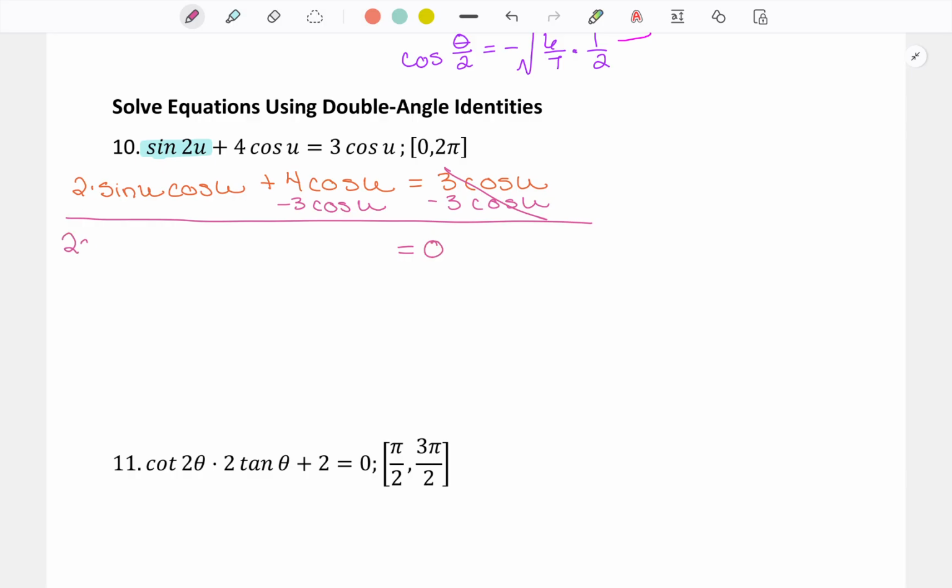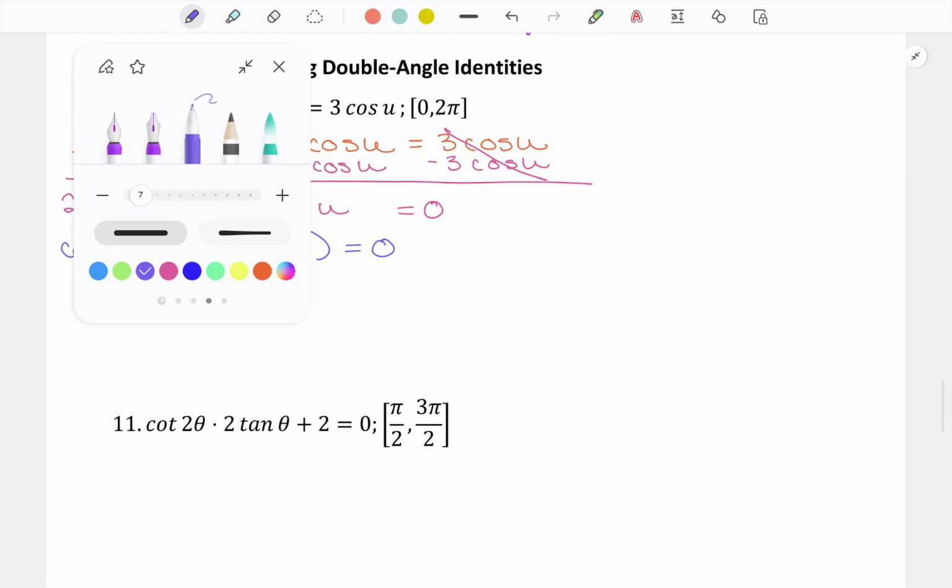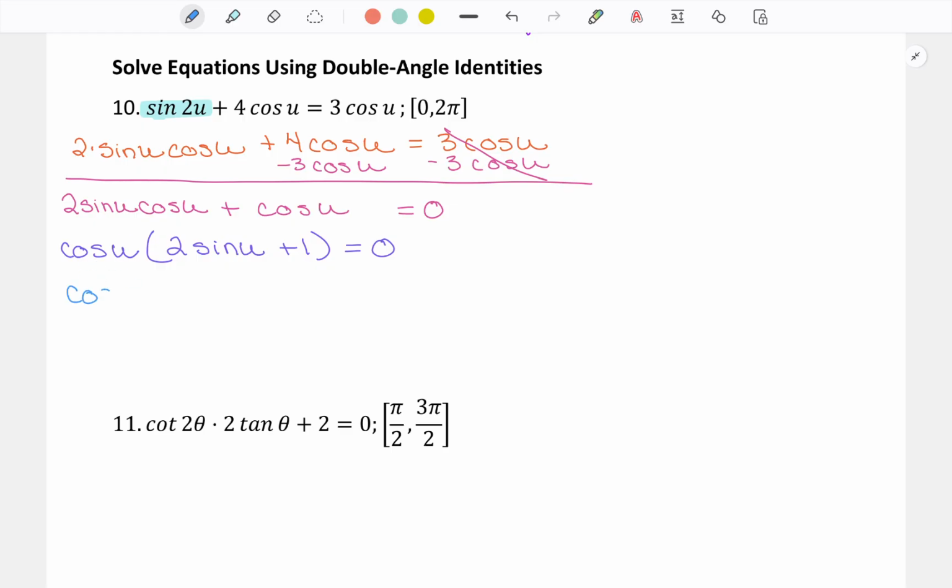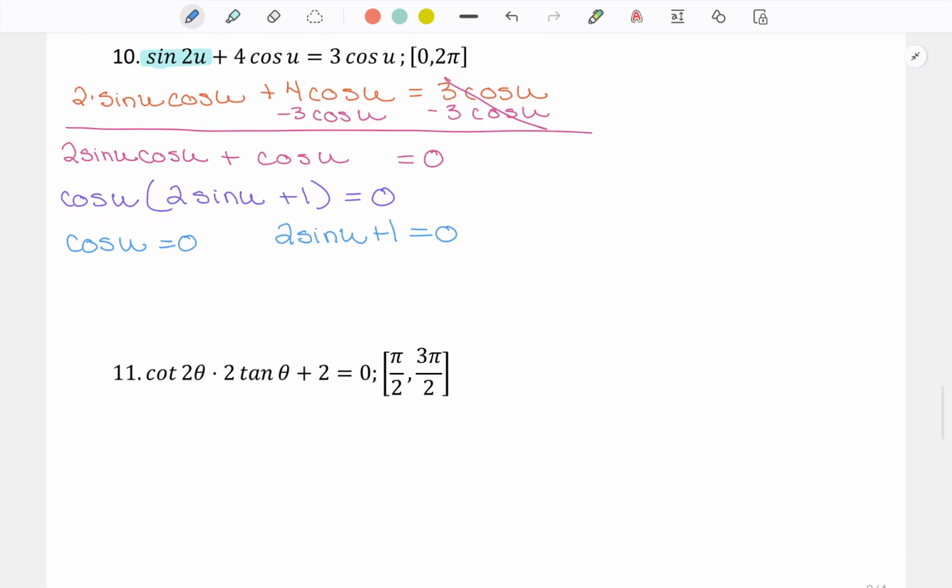So we have 2 sine u cosine u plus cosine u. And we're going to factor out that cosine because it appears in both. So we're going to have cosine u times 2 sine u plus 1 equals 0. So we have cosine u equals 0, and then 2 sine u plus 1 equals 0.